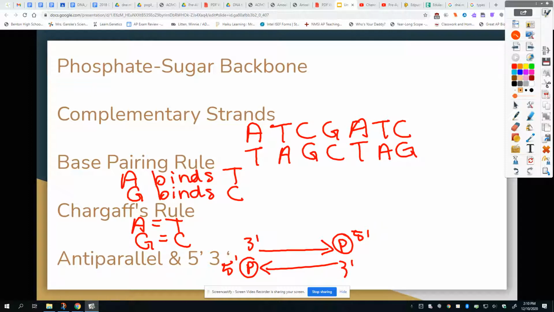Now this becomes very important as we do DNA replication and we build DNA and RNA. But anti-parallel says that those strands go in opposite directions from each other.